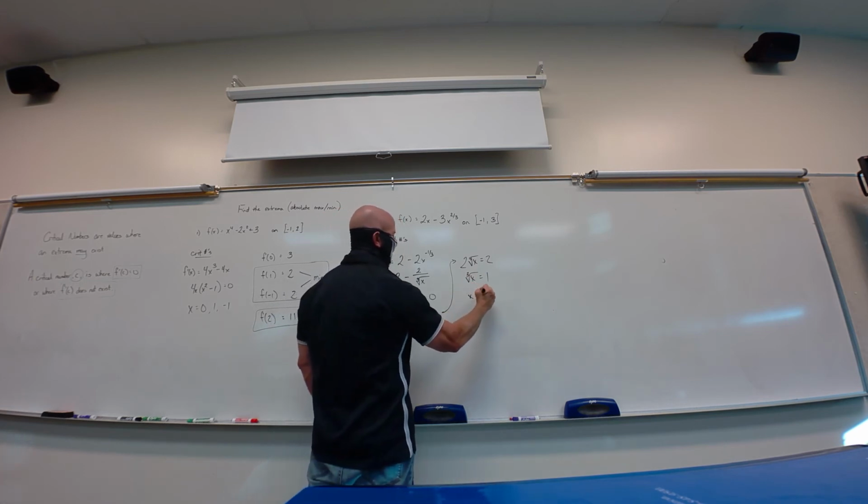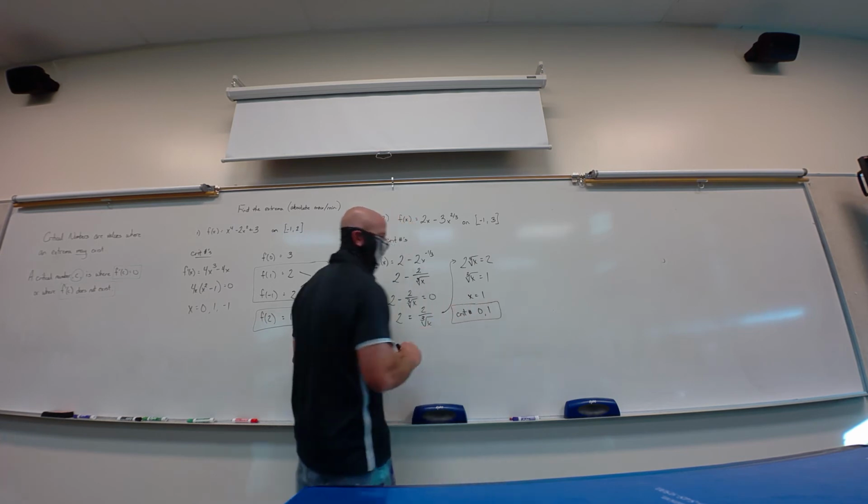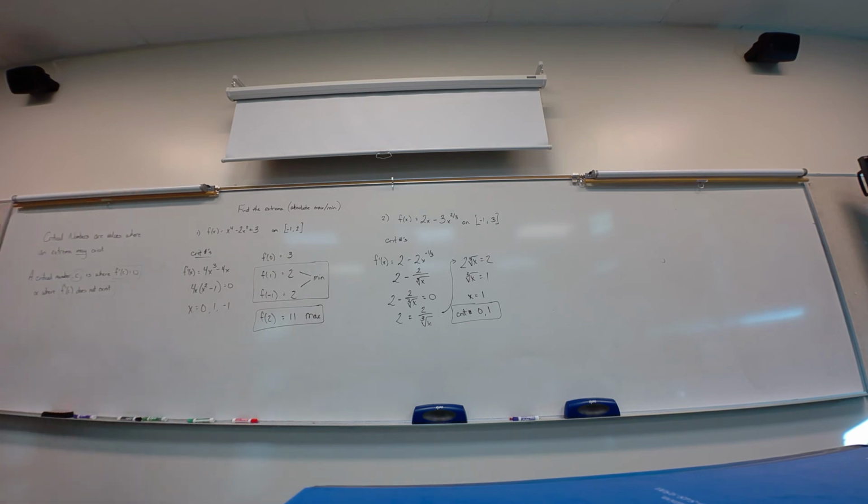And that would mean x is 1. So my critical numbers are the 0 and the 1. 0, I had it there a minute ago, and then now my 1 from solving it when it's equal to 0. So remember, to get rid of the cube root, we cube. Cube 1, you still get 1. Are they okay there?